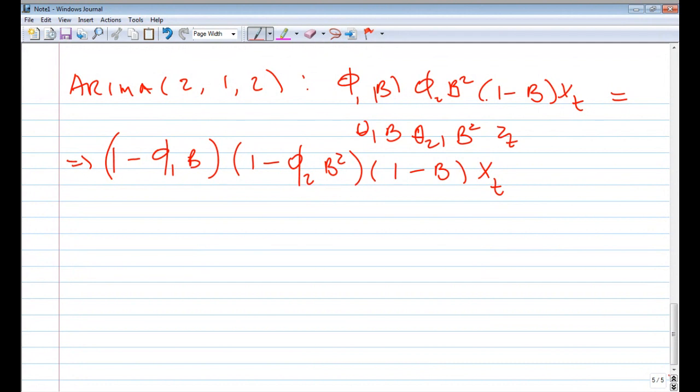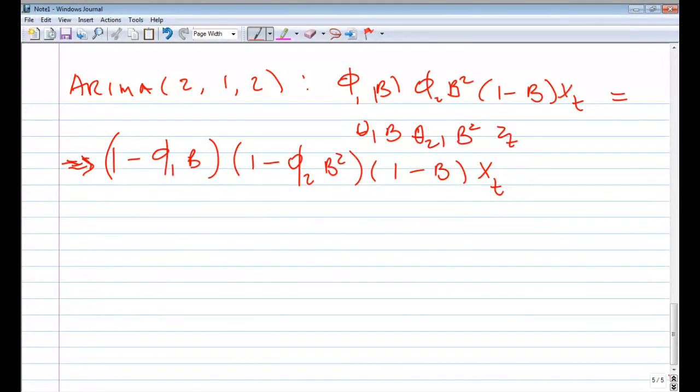Sorry for that. So you're saying, how did I get to this 2 part? The first step, when you write ARIMA 2 1 2, how did you get that phi 1 B, phi 2 B squared? It's what I'm explaining. It's phi 1 and phi 2 because it's the autoregressive of order 2.